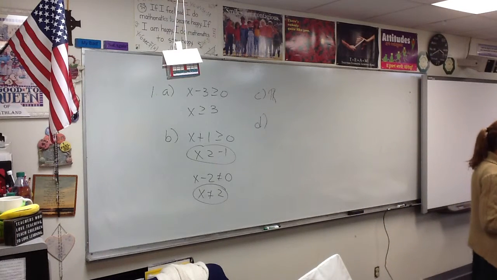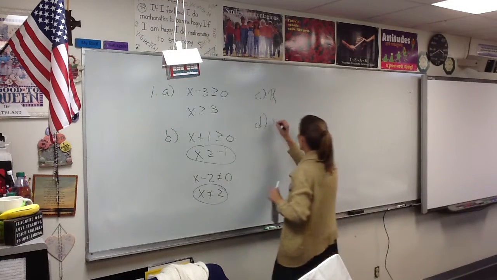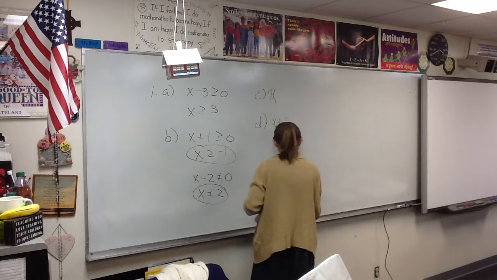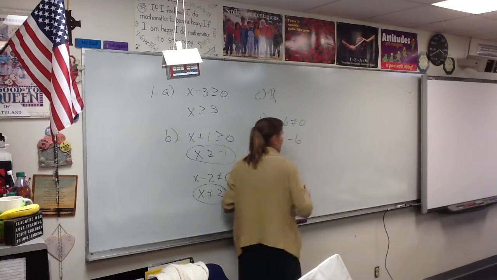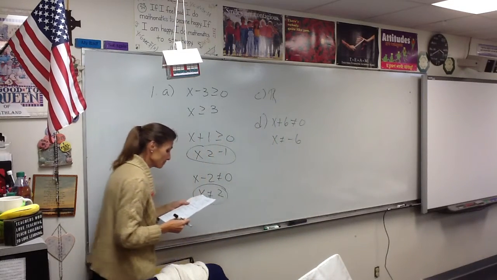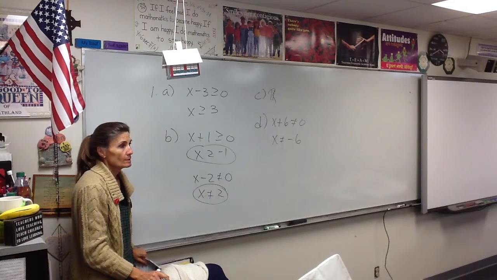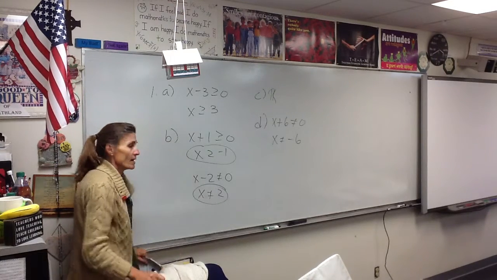No. It's not under a radical and it's not in the denominator, so it's not part of the conversation. What is part of the conversation? X plus 6 cannot be 0, which means x cannot be -6. Does anyone have a question about any of that?